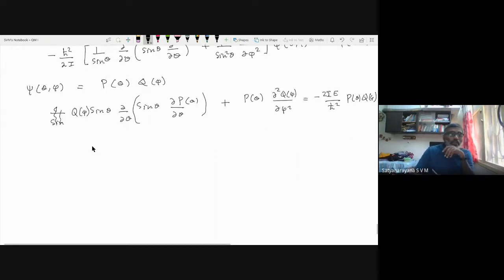Now divide this with P of theta and Q of phi.